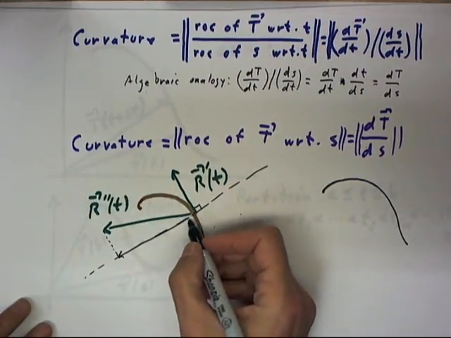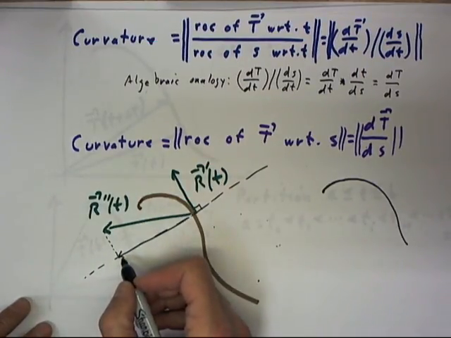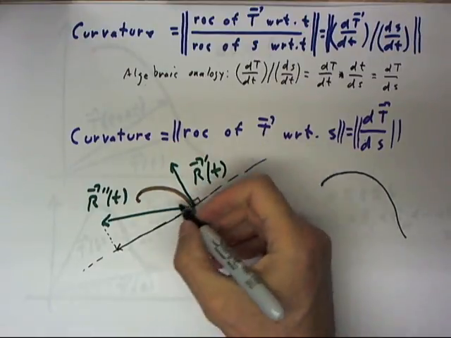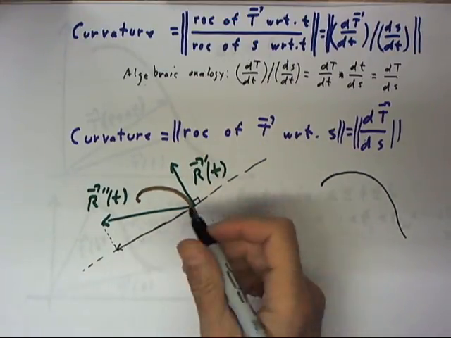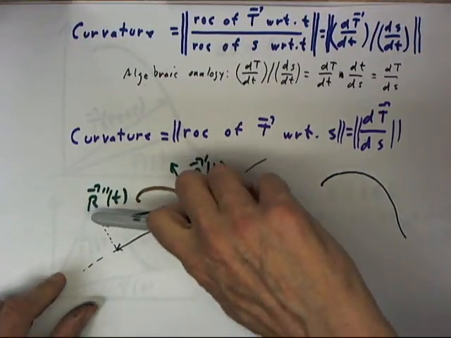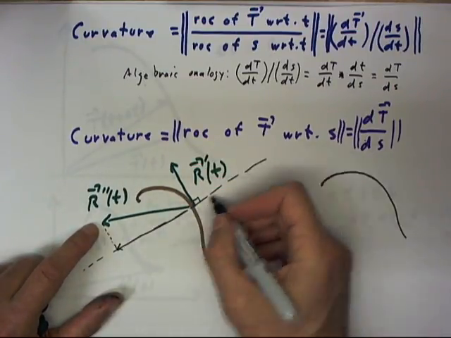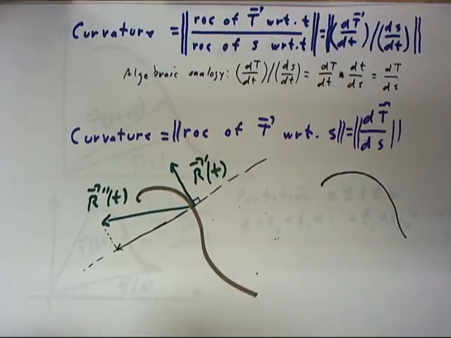So if we can get this vector, we can again divide it by its magnitude and so forth. Okay, so what is this vector? Well, this vector is related to this vector and this vector. It's just the projection of this vector in a direction perpendicular to this vector.